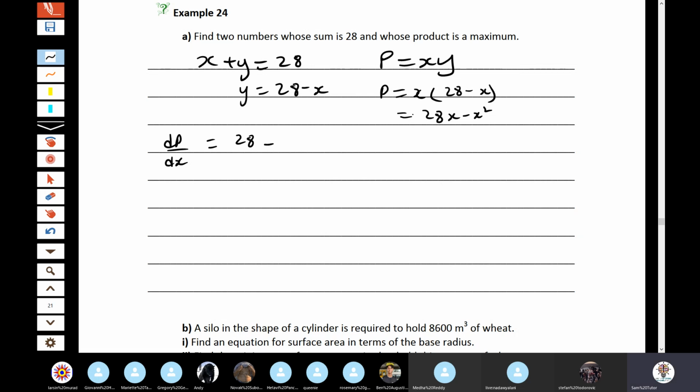So once you've got your 2 letters, P and X, you can differentiate. We're starting to get the pattern of that. You just want your 2 letters. 28 take away 2x equals 0, x equals 14. Again, so what? You haven't proven it's a maximum.